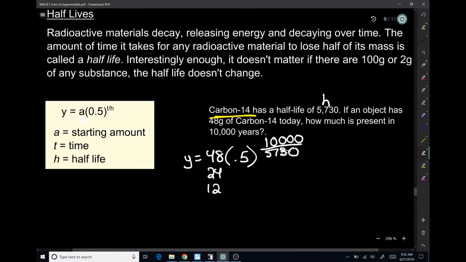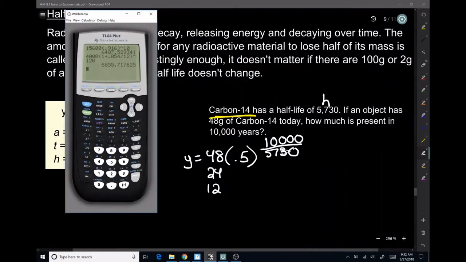1 half-life would be 24. 2 half-lives would be 12. So my guess is this would be like 14 or 15 grams. I'm going to do 48 times 0.5 to the... I have to do this in parentheses now. I'm going to close this because it looks prettier.